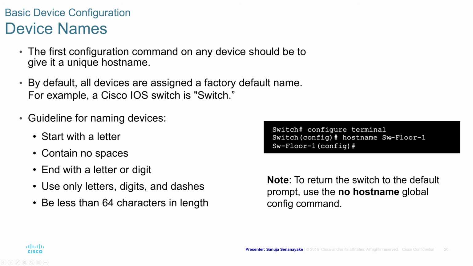Whenever you are setting up a Cisco device, or simulating a Cisco device in Cisco Packet Tracer, or emulating it on EVE-NG or some other software, I would highly recommend that you change the host name first before moving on to doing anything else. It'll make it easier for you to identify the device when you have multiple devices and multiple terminals open.